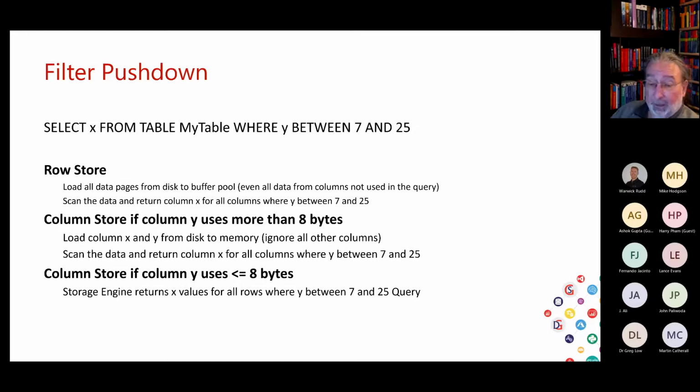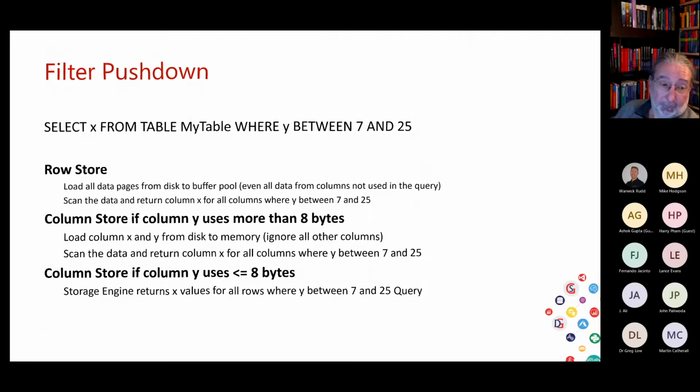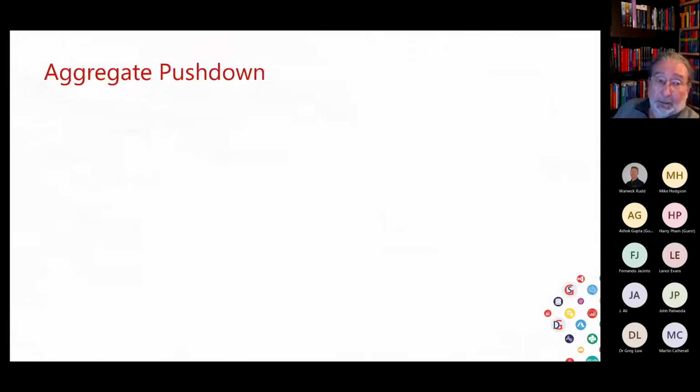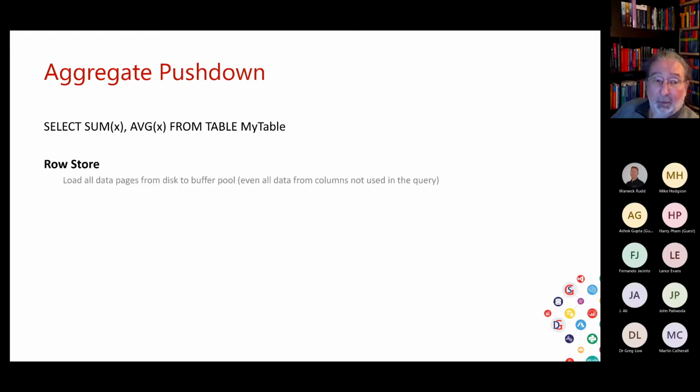when it comes to getting this data processed. The same works with aggregate pushdown. Yeah? So for example, select sum, average from a certain table. Yeah? In row store, you have to again load all the pages, go through all the columns, even the columns that you don't actually need in the query, and calculate the aggregate, and then be happy.